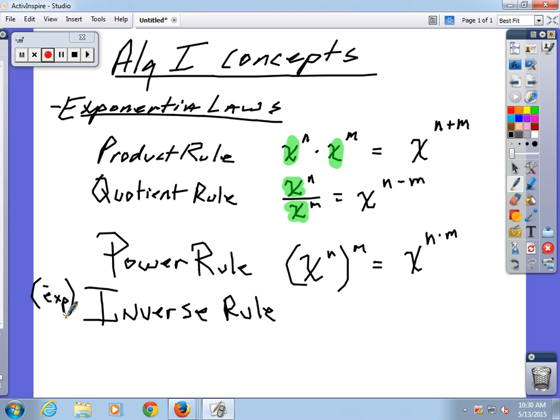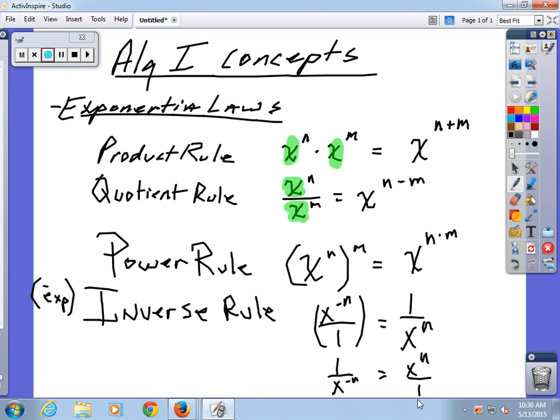So inverse rule is just with exponents, and that is if you have x to the negative n over 1, you flip it, and it becomes 1 over x to the n. And vice versa. If you have 1 over x to the negative n, you flip it, and it becomes x to the n over 1. So inverse rule is kind of like an aesthetic rule.